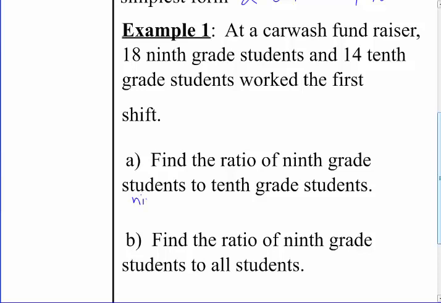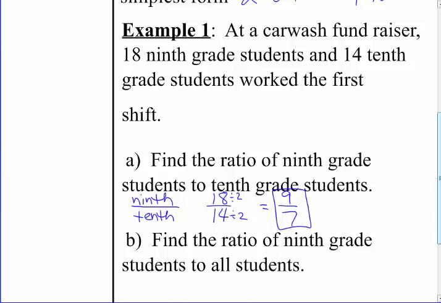So we're comparing 9th grade students to 10th grade students: 18 9th grade students and 14 10th grade students. And then don't forget we need to simplify. You would divide the top and bottom by the same number, in this case 2, and you get 9 over 7. So the ratio of 9th grade students to 10th grade students is 9 to 7.